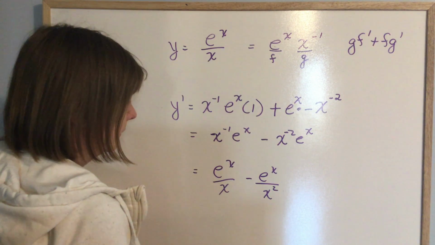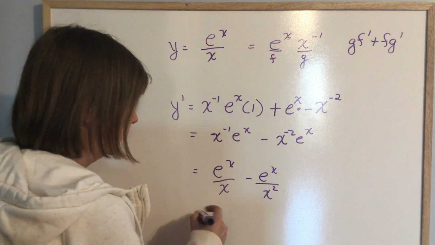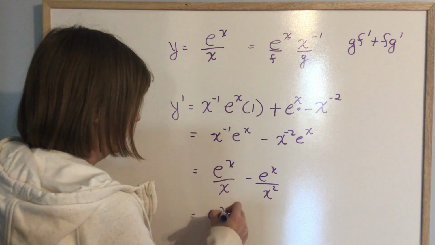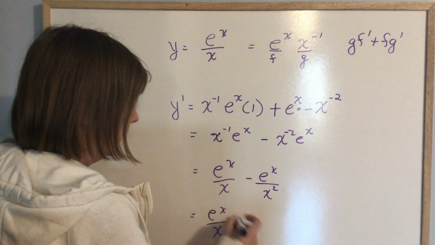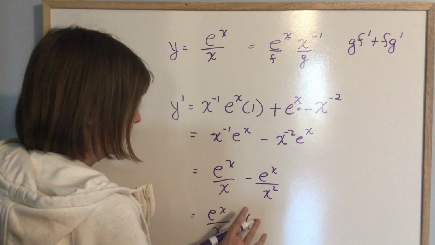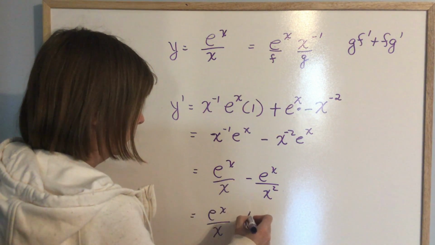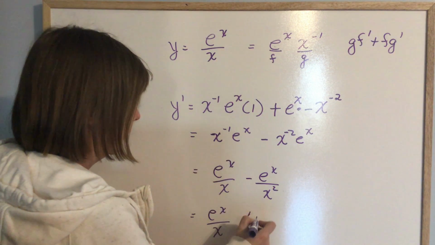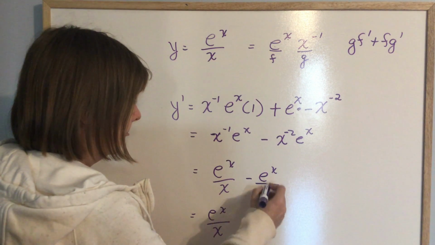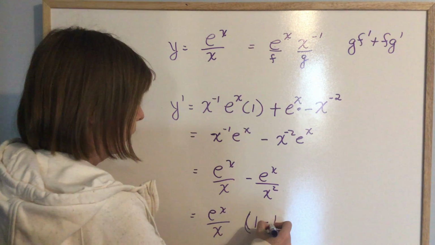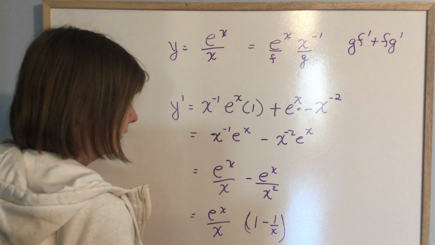Okay, so common to both would be e to the x over x. If I take that out of here, I just have 1. And if I take that out of here, I have 1 over x.